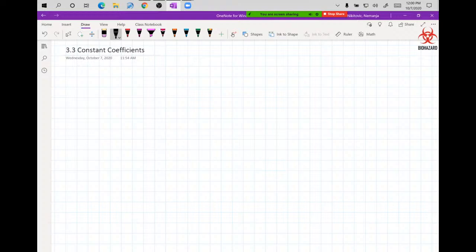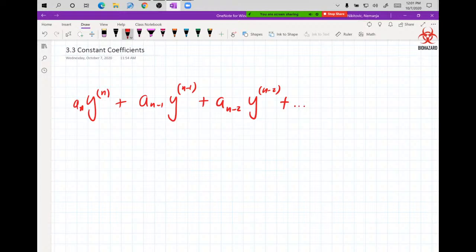So our equations now are going to look like those equations where you have, let's start with y to the nth degree plus a_{n-1} y^(n-1) plus a_{n-2} y^(n-2) plus dot dot dot all the way down to a0 y equal to 0. That's the homogeneous part. There is no forcing.